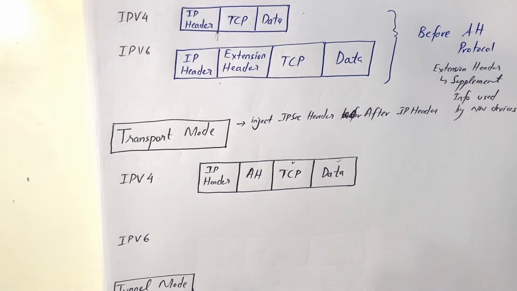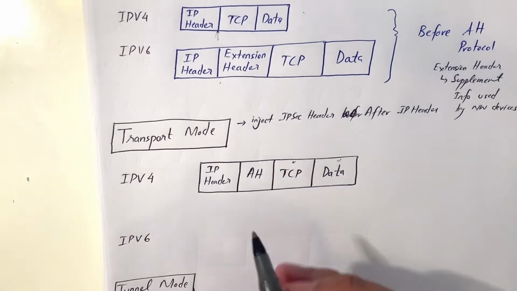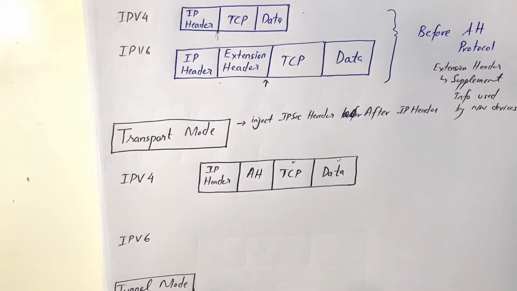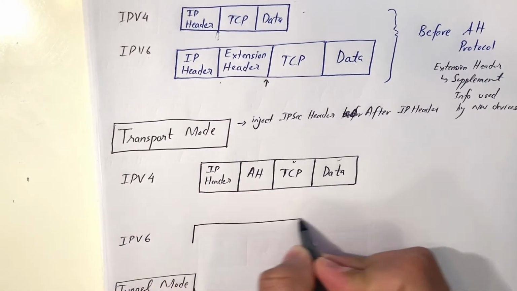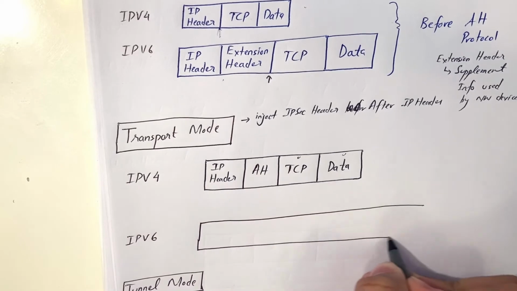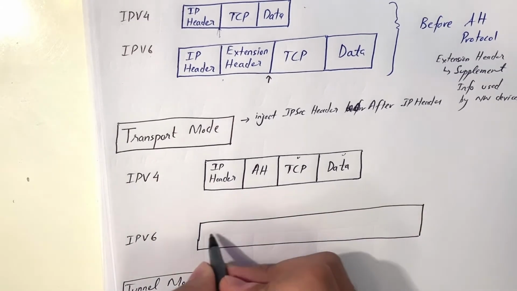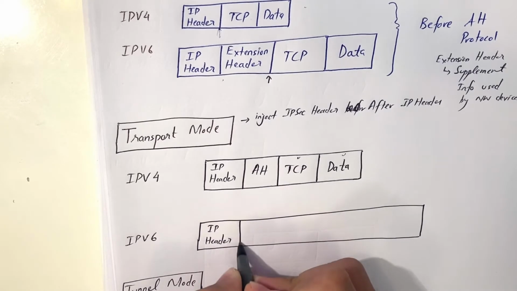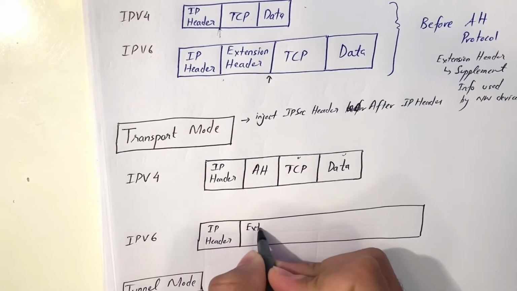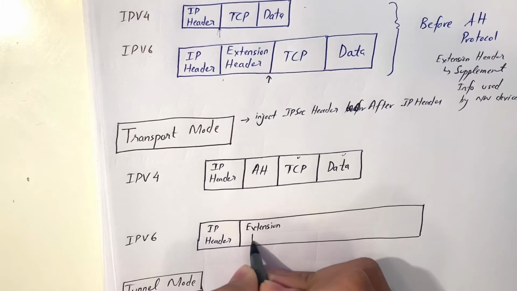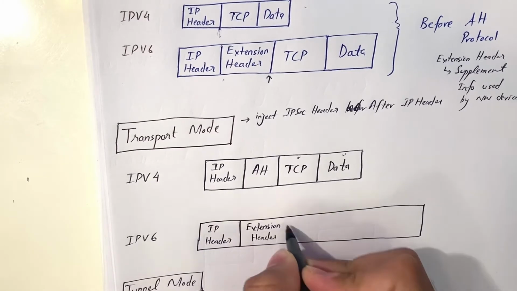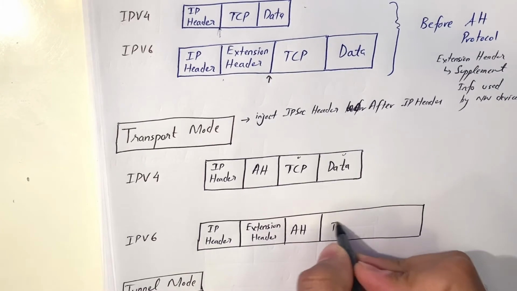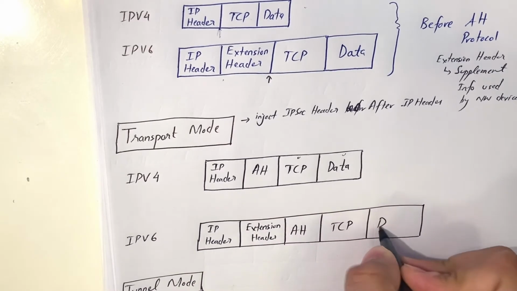Now for IPv6, we will inject the header right down here, after the extension header. So the packet will look like this: the IP header will be the same, the extension header, which has the network device information, will also be the same, then the authentication header, and whatever comes after the authentication header will be authenticated.